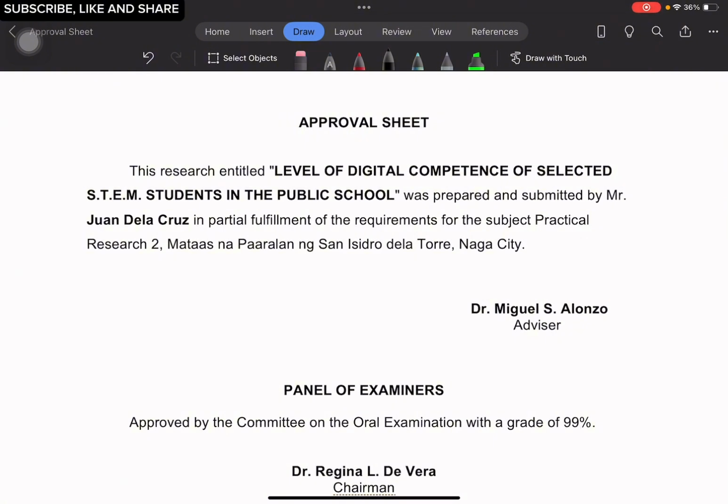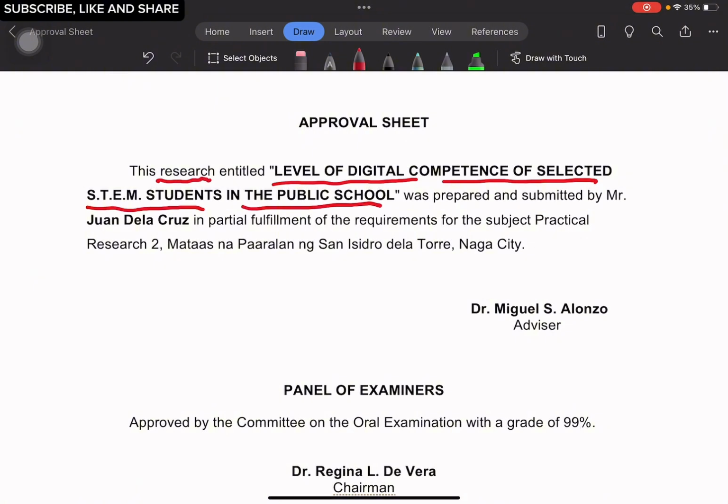This is already a final draft of the approval sheet wherein the variables are already filled up. So one of those variables is the title. Okay, let's use the red one. This one. The title is already included in this particular approval sheet, including this part.